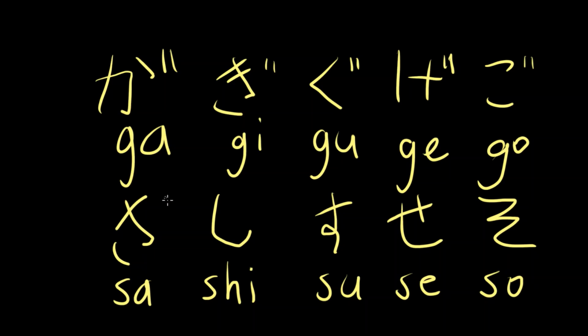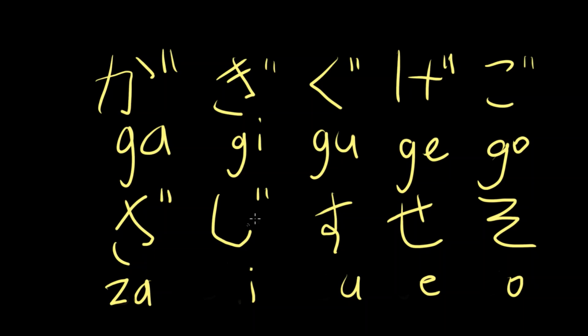And as you may have guessed, you can actually change the sound of these by adding a ten-ten. So za, I'll just erase the first letter for each one. So this is za.